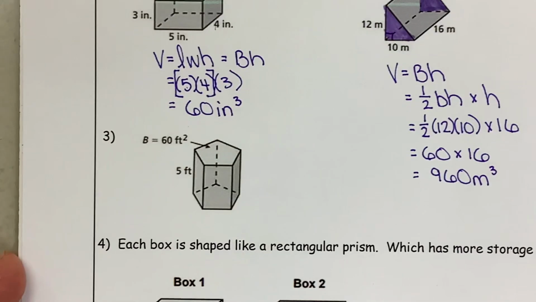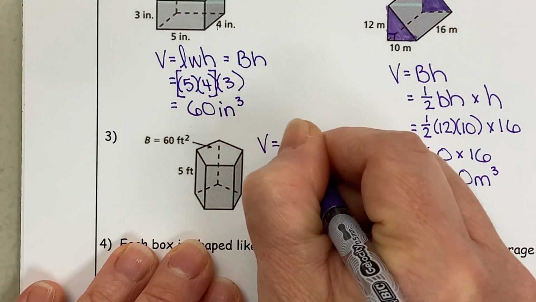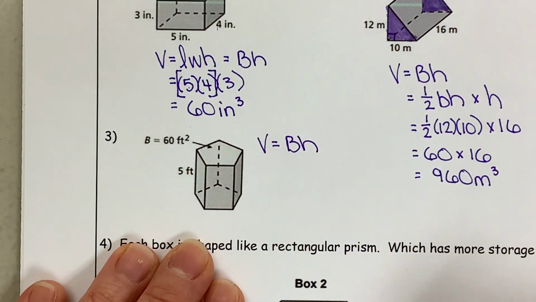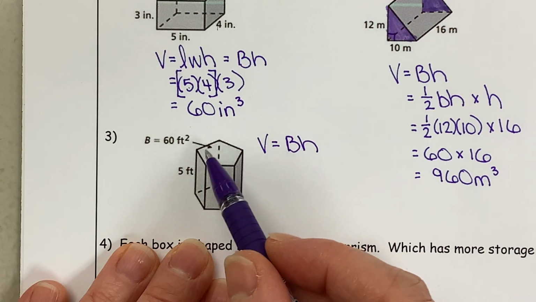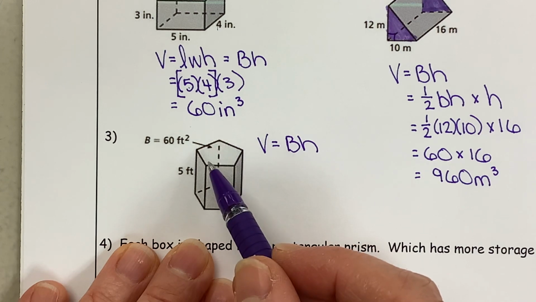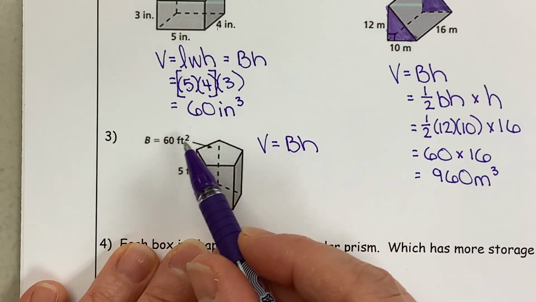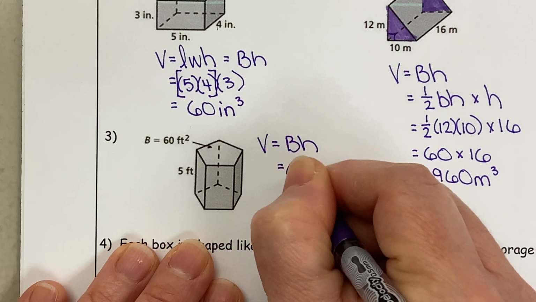All right, now this is where volume equals base area times height is extremely helpful. We have not learned to do this figure. We could definitely divide it into, let's see here, a trapezoid and a triangle it looks like. But they were nice and told us the area of the base was actually 60 feet squared.